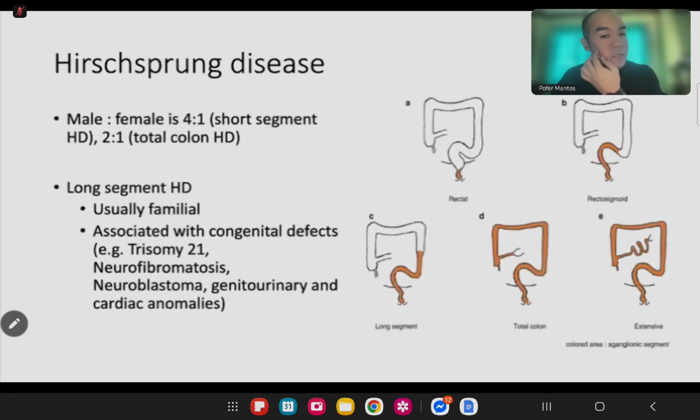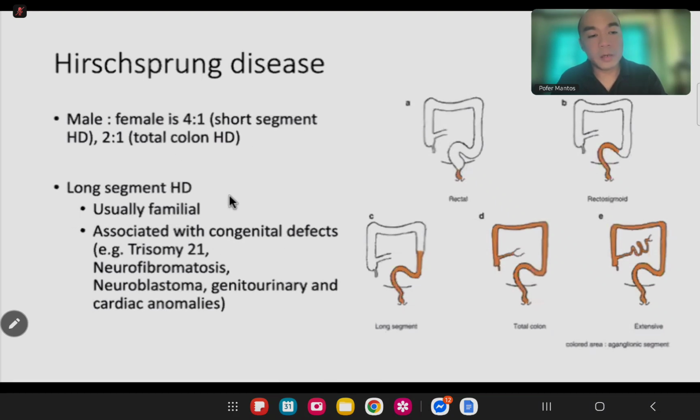So there are many types, no? It's more common in males, with a 4:1 rate for short segment and 2:1 for the total or the long segment Hirschsprung disease.